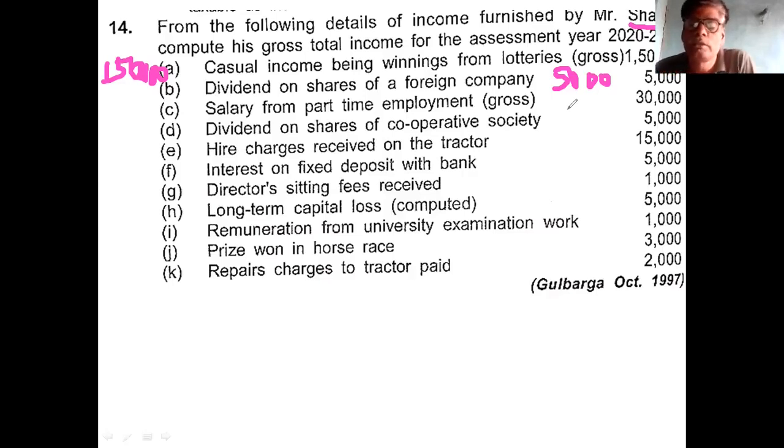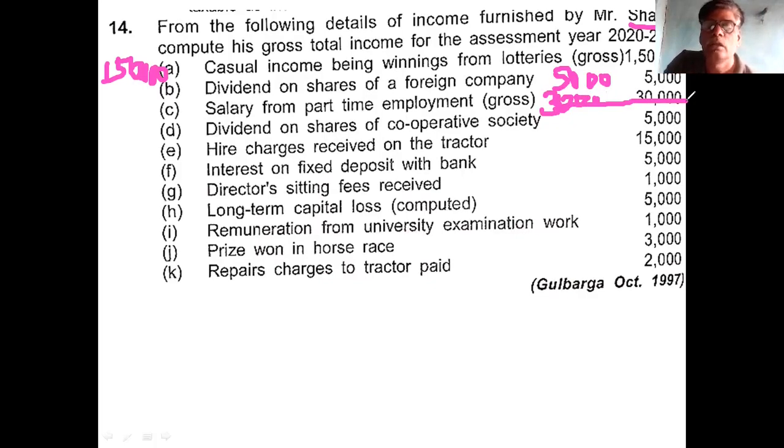According to section 16 subsection 1A, 50,000 or actual salary, whichever is less, is allowable deduction. Therefore, you deduct 30,000. So 30,000 minus 30,000, taxable salary income is 0.